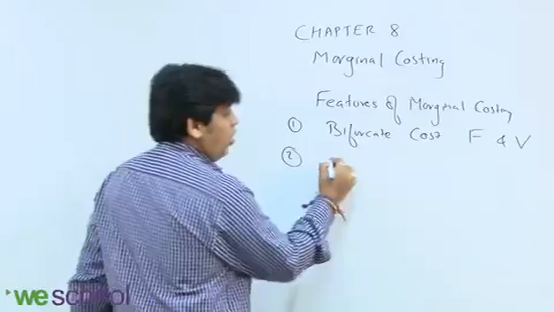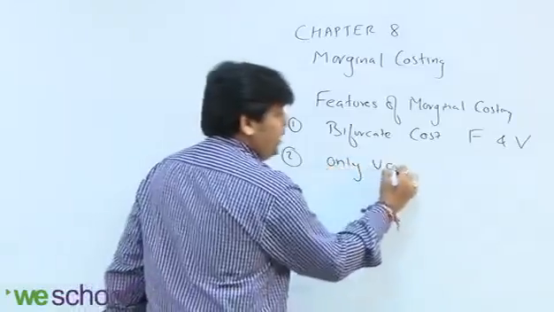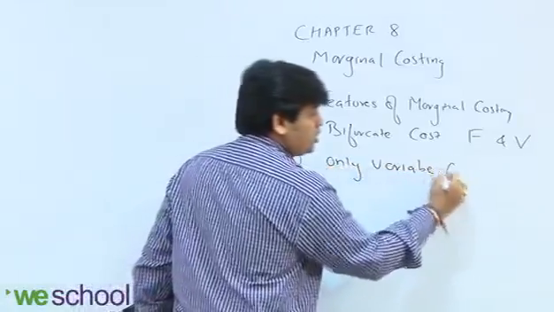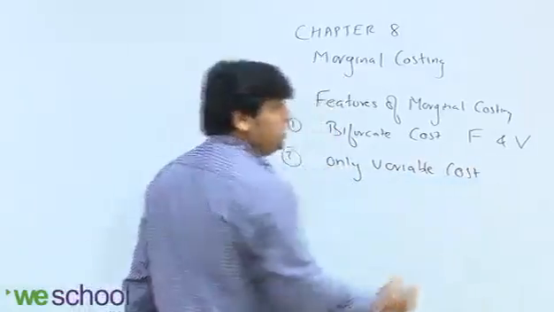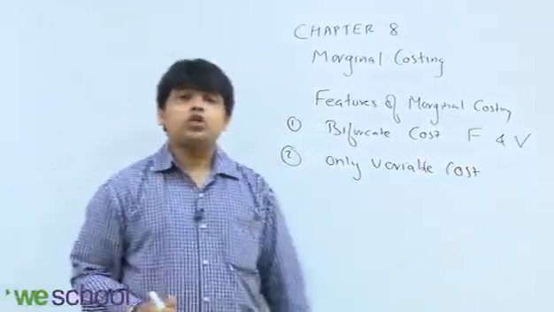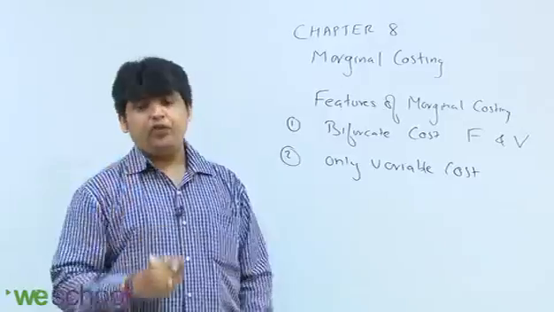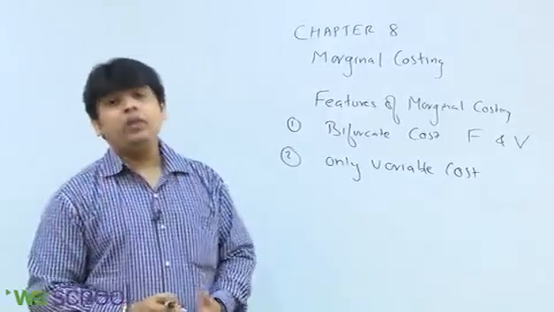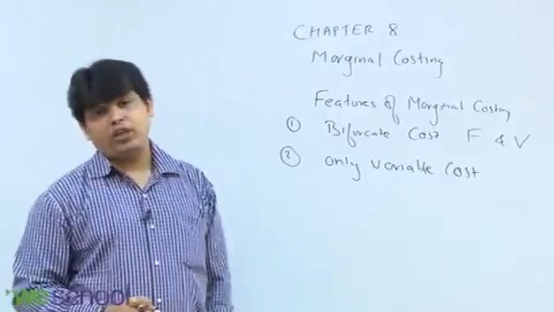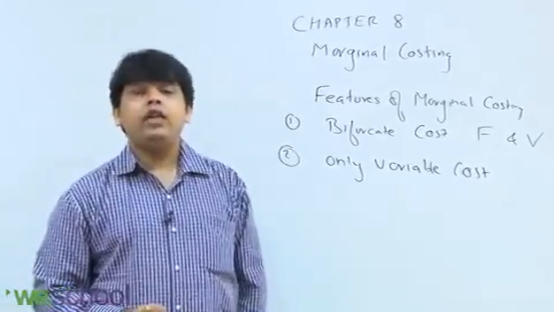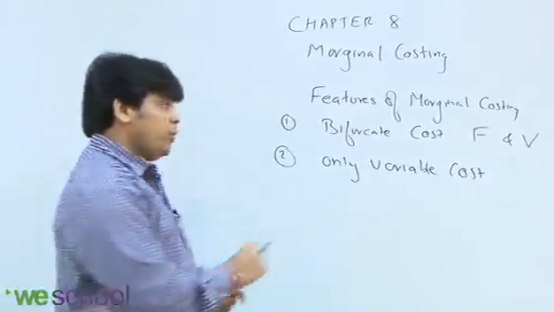Second, only variable cost is taken as the cost of production. This is the second feature. Only variable cost is taken as a cost of production.